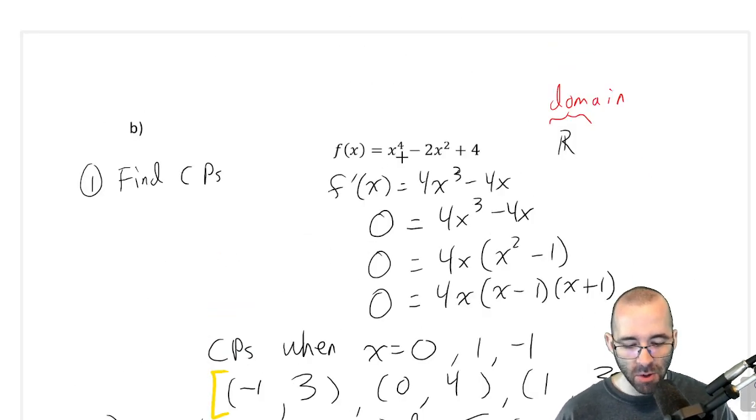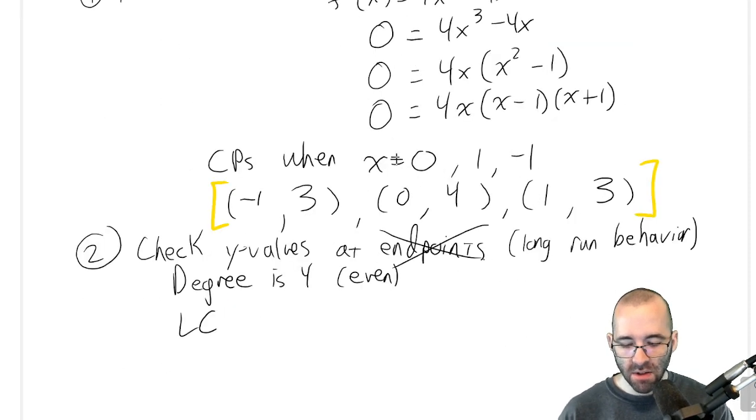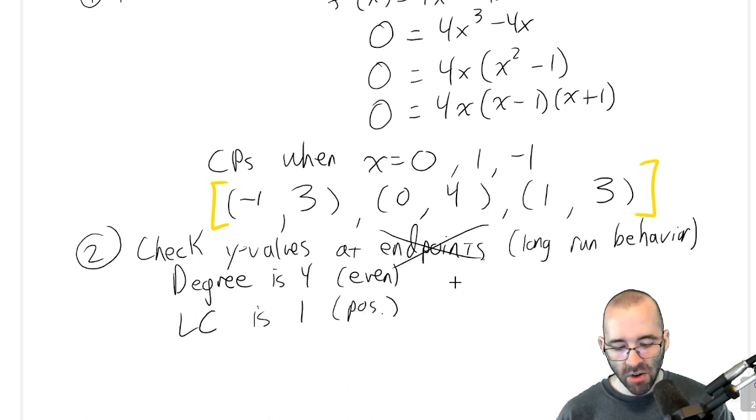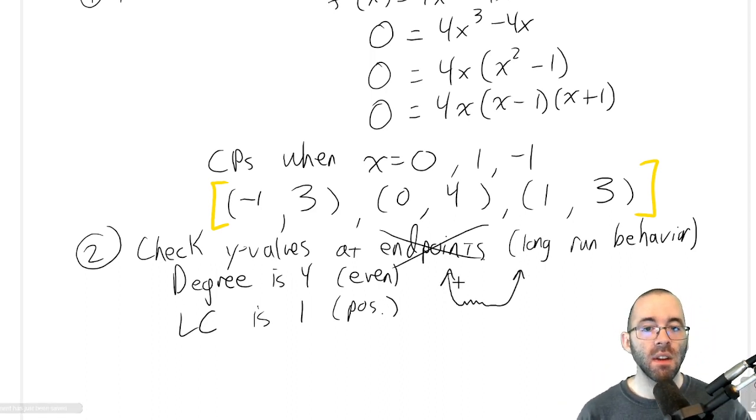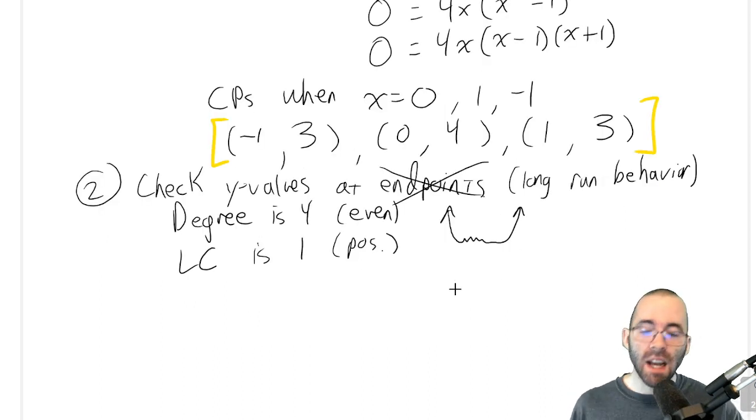You have to remember back to your pre-calc days for this. The leading coefficient is positive. It's 1. So that tells us the long run behavior is on the left, it shoots off to infinity. And on the right, it shoots off to infinity. So what does this tell us about global extrema?